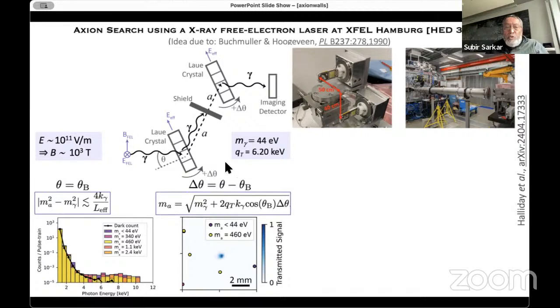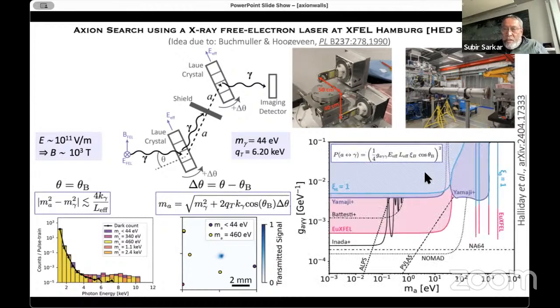And if you tune the crystal angle away from this exact Bragg limit, then you'd be sensitive to axion masses which are indicated here as these vertical red lines. So you're ruling out the entire pink region of axion mass as a function of the coupling, and also these individual discrete lines.